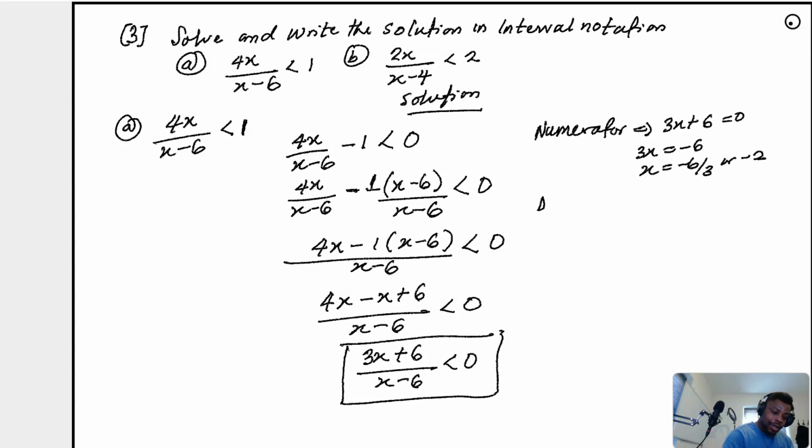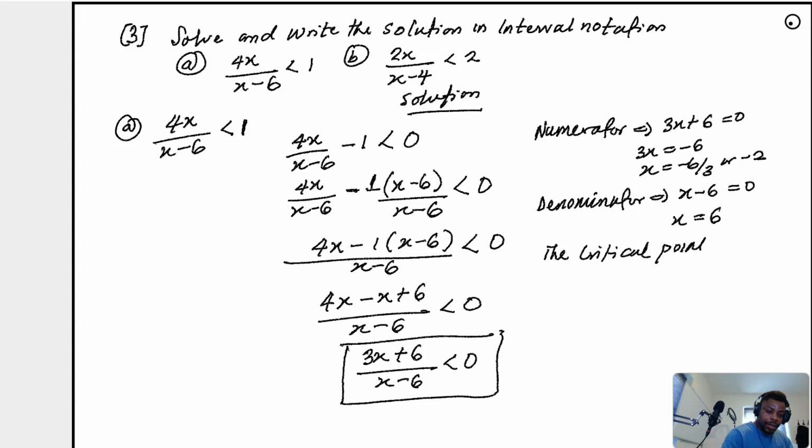For the denominator, that is x minus 6 equals to 0, that is x is equal to 6. So the critical point is at x equals minus 2 or 6.